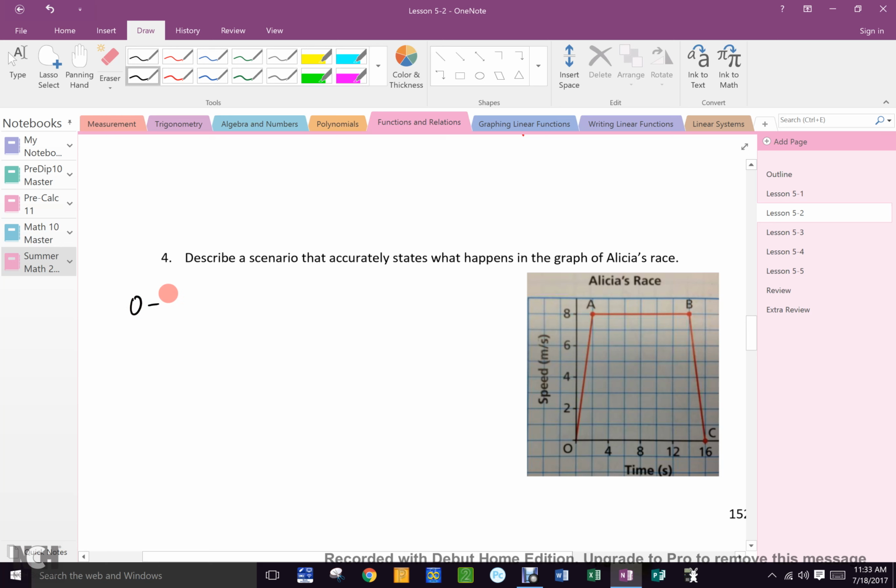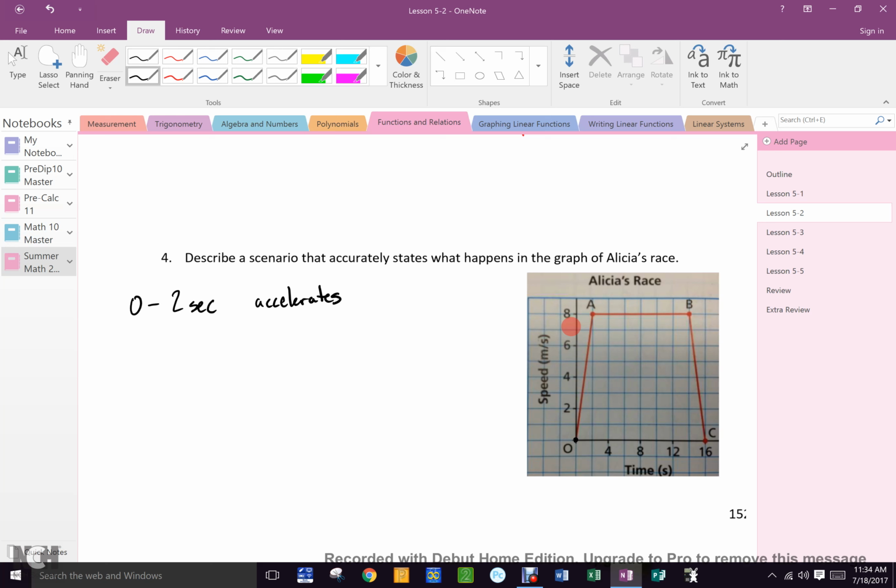From 0 to 2 seconds, what's happening? She accelerates. Because her speed started at 0, because this is graphing speed, and went in 2 seconds from 0 up to a speed of 8 meters per second. That is 28 kilometers an hour. It is if she's running on foot. Doesn't say it's a car.